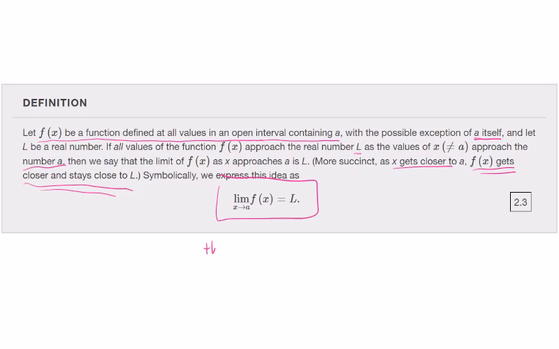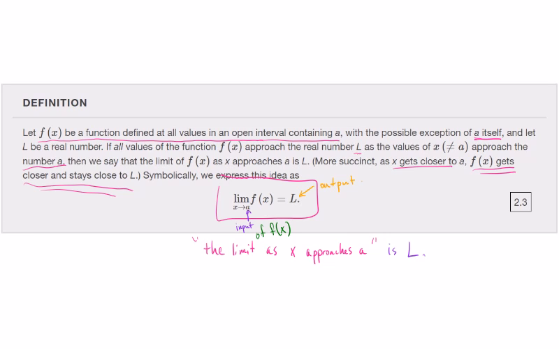You would say the limit as x approaches a, and actually you'd probably say the limit of f of x as x approaches a is L. Remember that a is an input value, and your result is an output. So what you get here is an output.